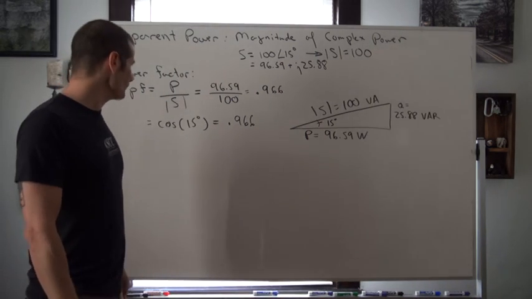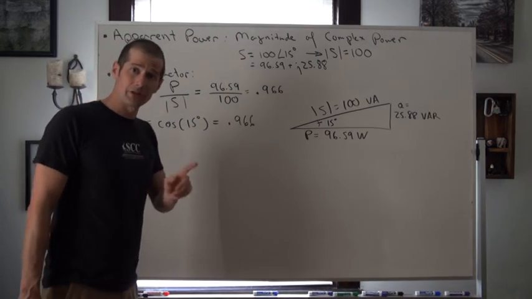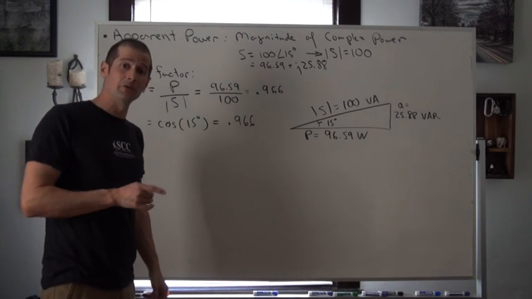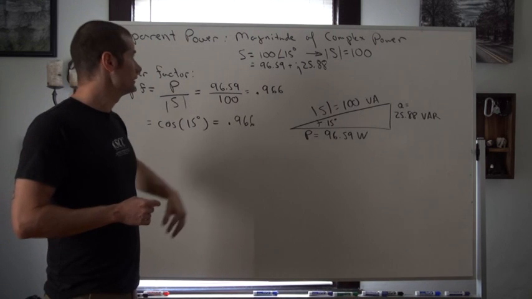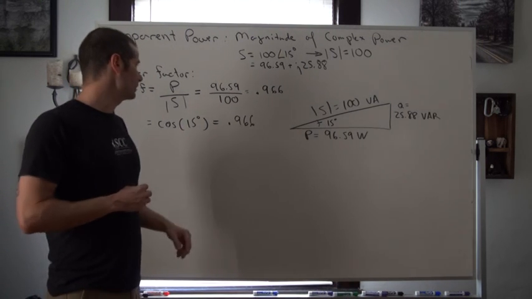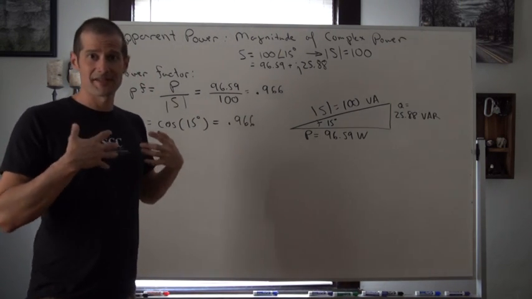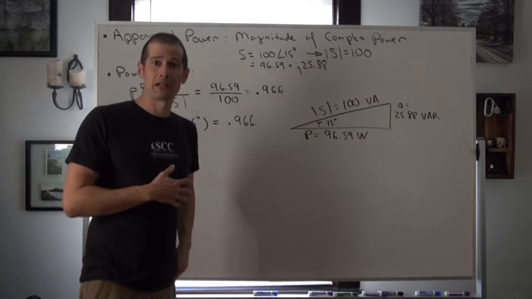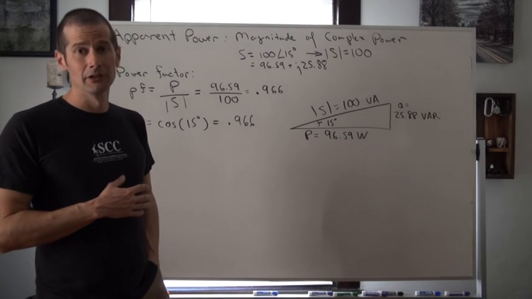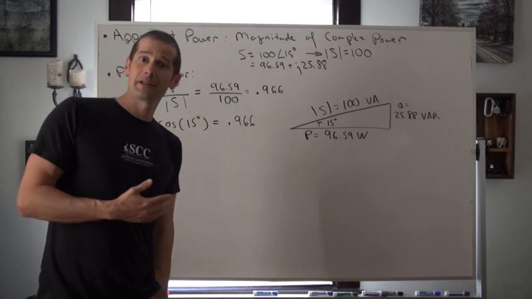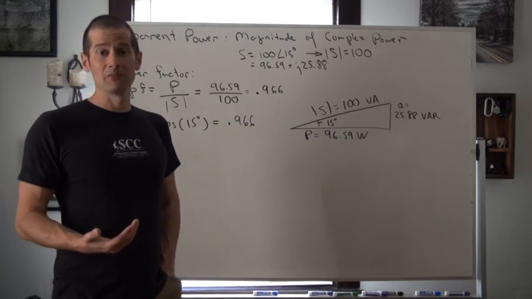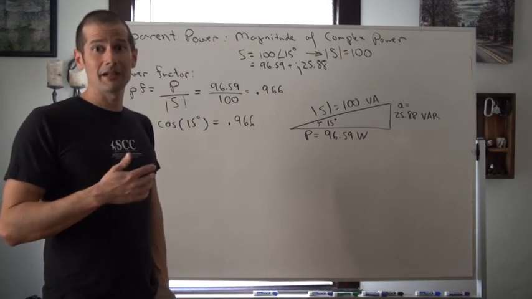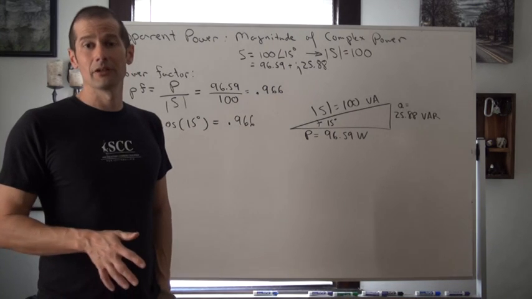Another way we can think about that in terms of calculation is the cosine of the phase angle of our complex power. Cosine of 15 degrees gives us the exact same value, 0.966. So there are two ways we can look at the power factor. A lot of the time, only a little bit of information is needed and we have everything we need to know about the system.